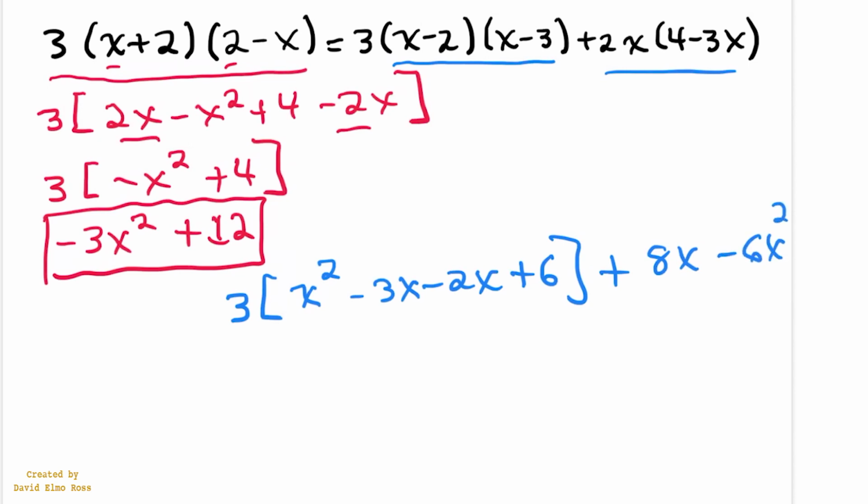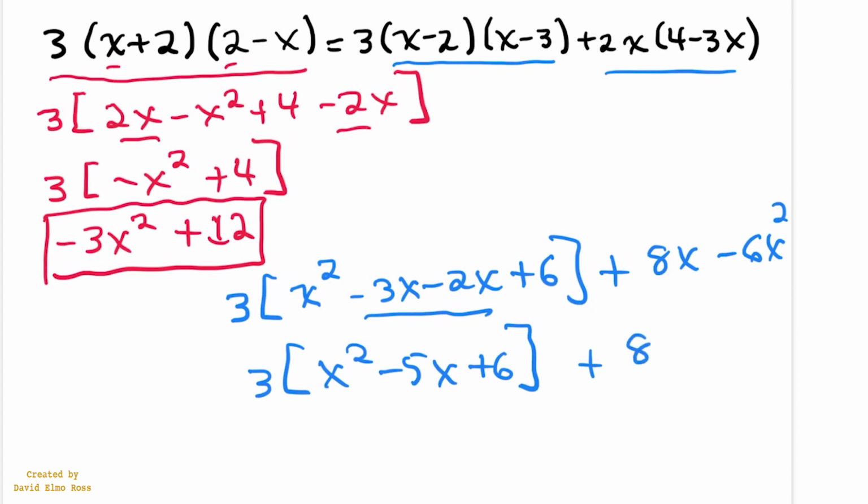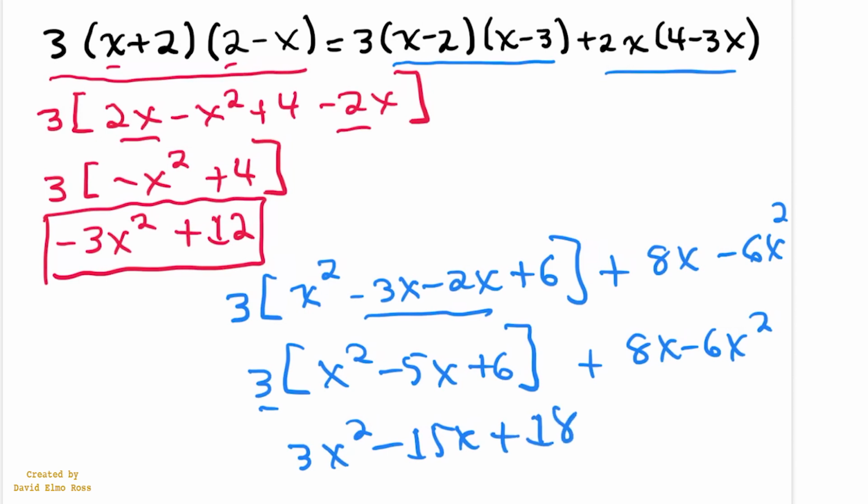So we can see here that we can simplify this further. 3 bracket x squared minus 5x plus 6 plus 8x minus 6x squared. Multiply 3 by what's inside, so that's 3x squared minus 15x plus 18 plus 8x minus 6x squared.